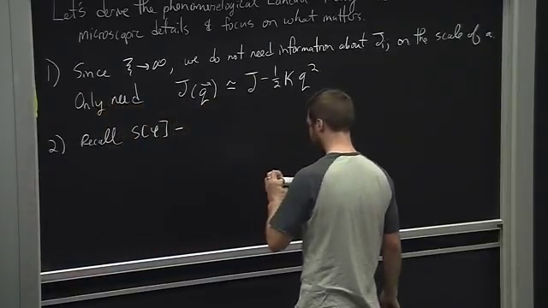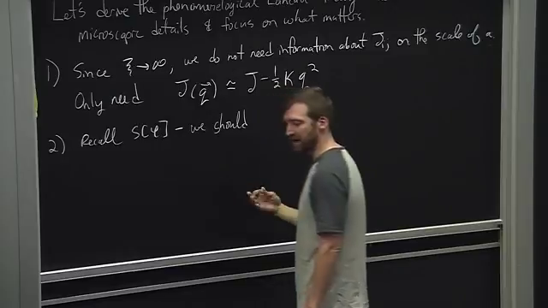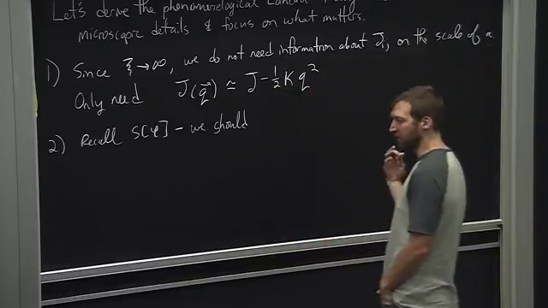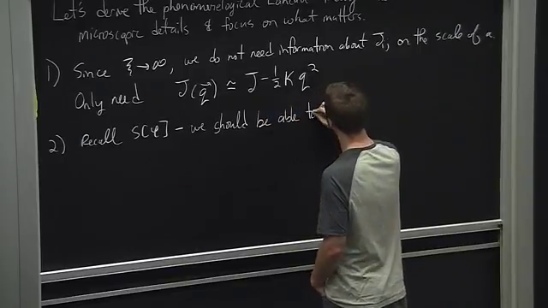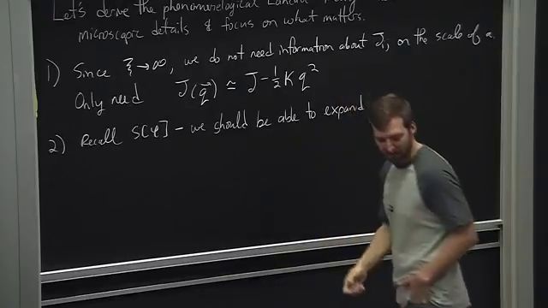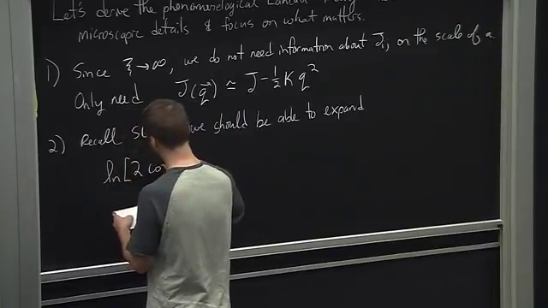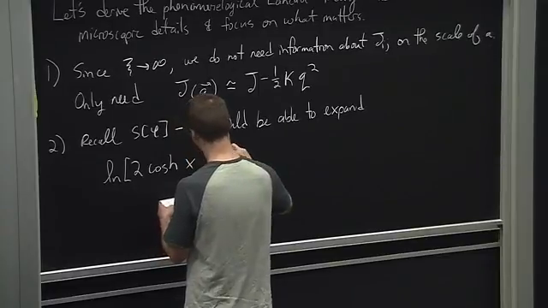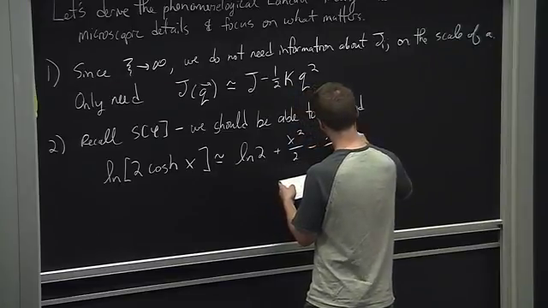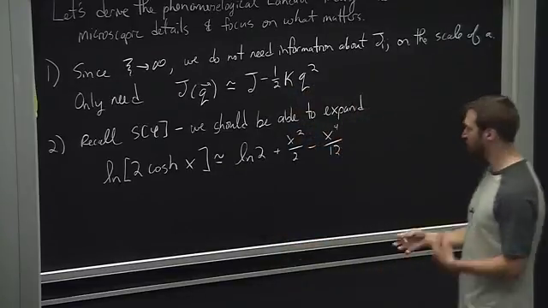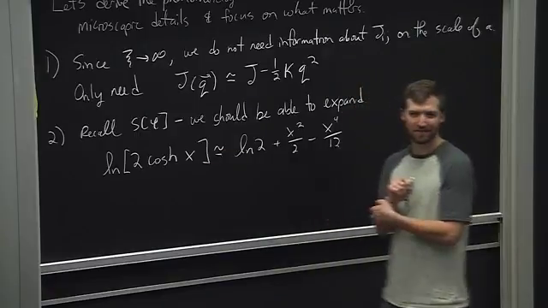You can look back, I'm not going to write it down. We should be able to approximate that action by doing a Taylor expansion of the log hyperbolic cosine piece, which is assuming that the expectation value of that argument is small.